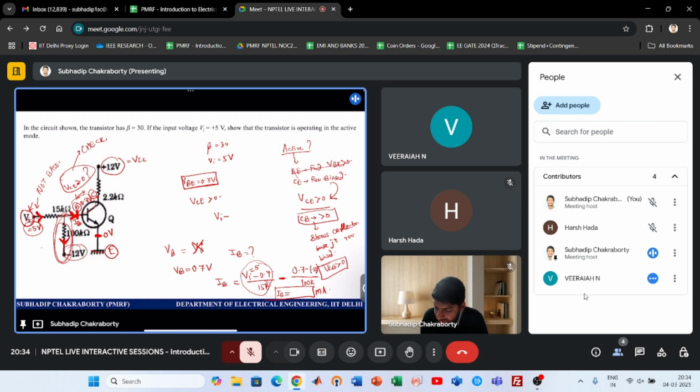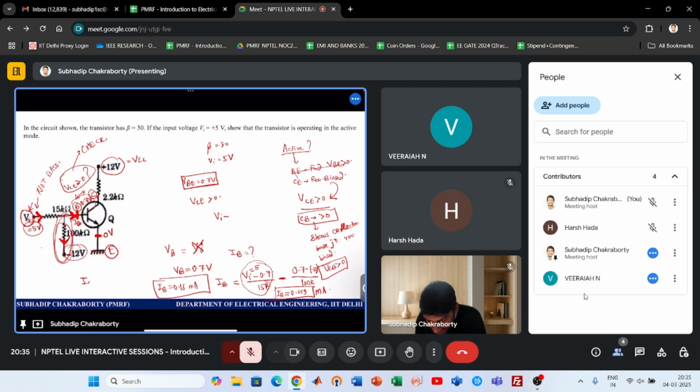So what you can write, 5 minus 0.7 divided by 15 minus 12.7 divided by 100. But this answer is in milliamps, 0.159 milliamps. Or 0.16, right? So as you can understand, the base current is a really small current.